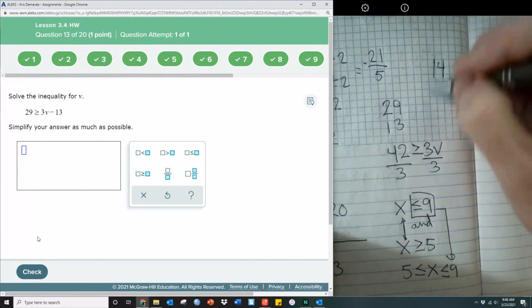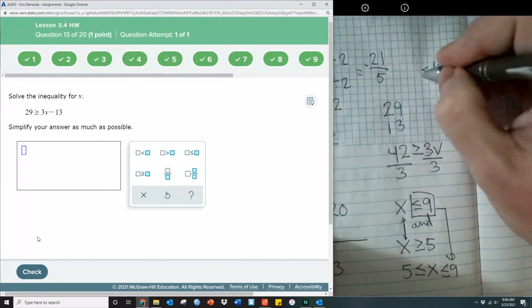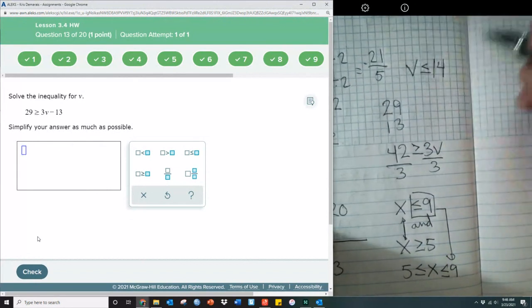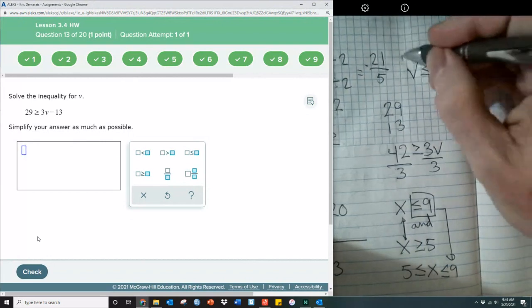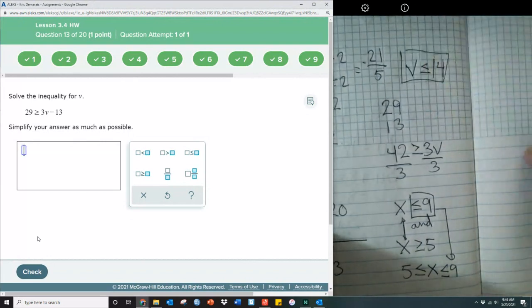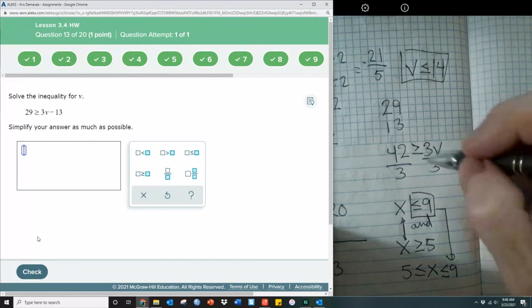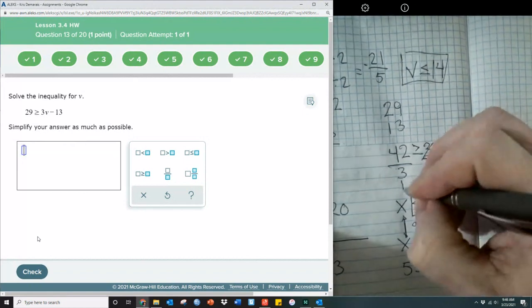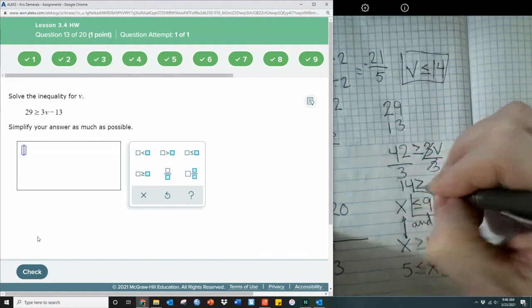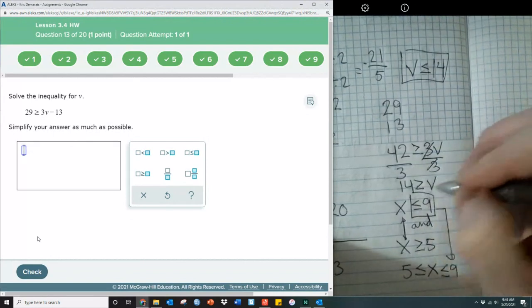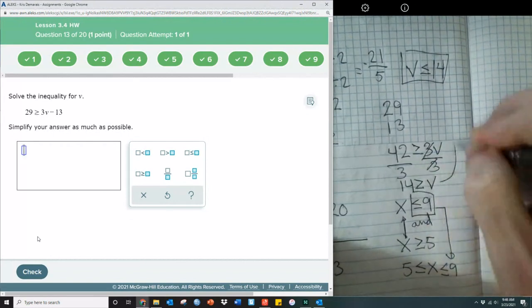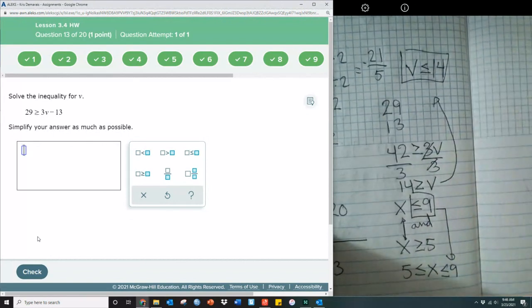But now I'm going to go ahead and switch the inequality symbol and put the v on the left side. So you're probably thinking, okay, this is the answer we get right here. Hopefully you got this, and then you'd understand why I put it that way. All I did was switch the inequality symbol, along with moving the v too.